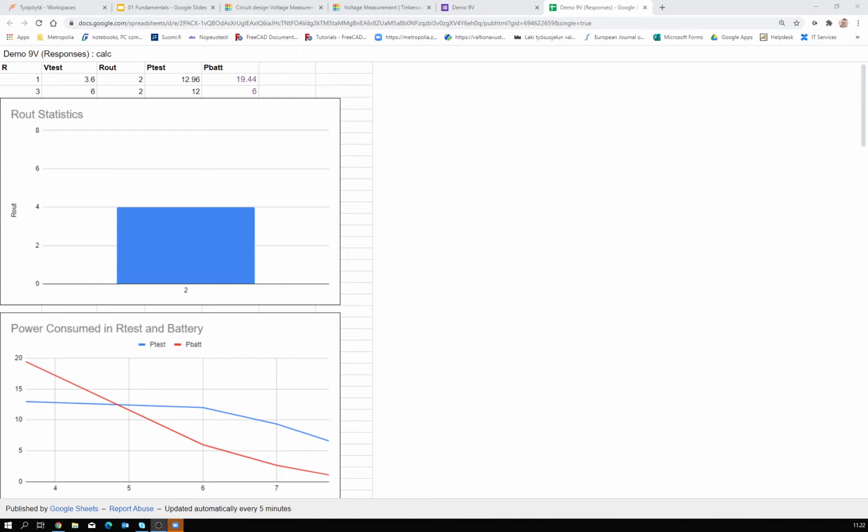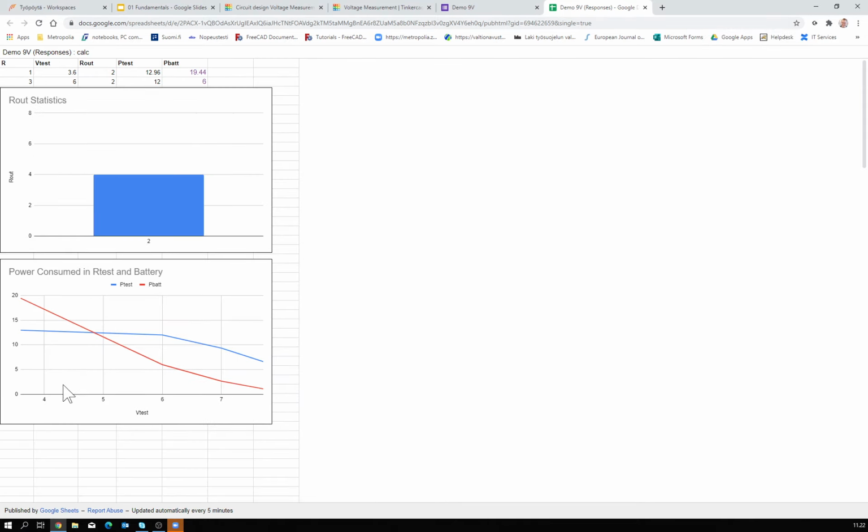The internal resistance for that 9-volt battery model is around 2 ohms. I think it's exactly 2. It's just marked there as 2 ohms, and that's it.